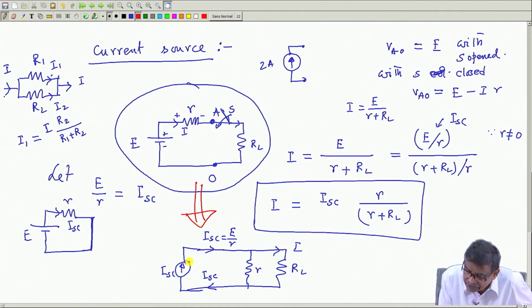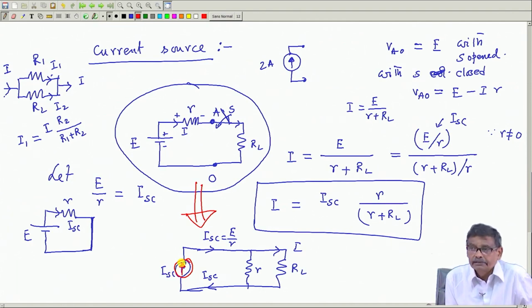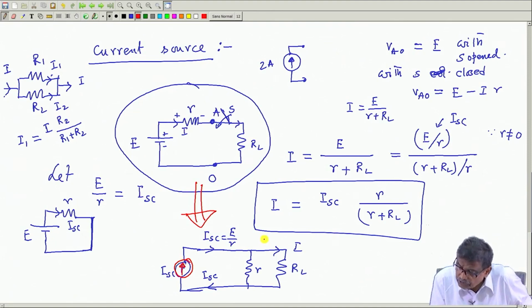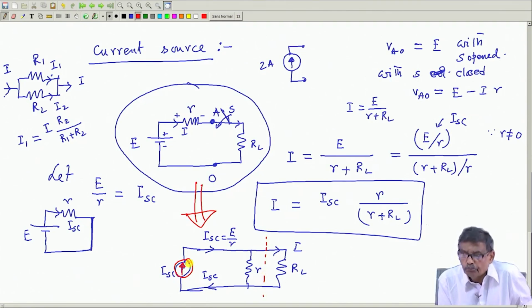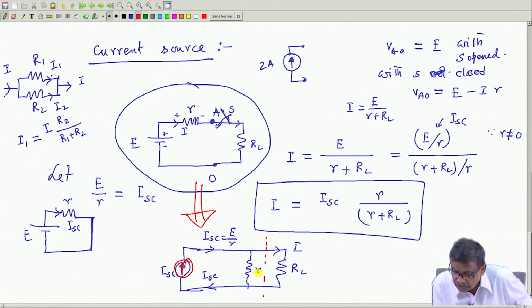and this I will denote it by a circle with an arrow. The arrow is decided by in which direction battery was sending current, because of that. Now, as I told you, up to this portion on the left of this red line is the source portion, because you see here small r is there, here is E by R is there.